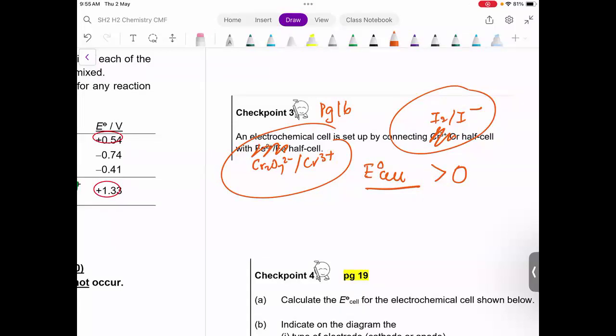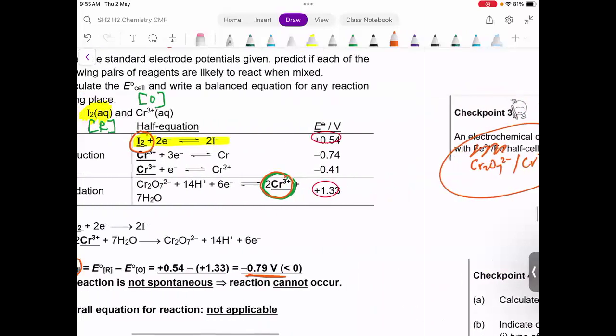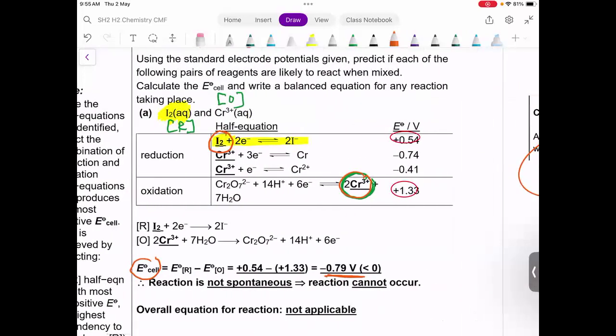But if you look at this context here, we are not working with half cells. We are just given iodine, which must undergo reduction, and chromium 3+, which must be oxidized. So when we combine, E cell is less than 0. So even though they are on opposite sides, it cannot take place because E cell is less than 0.